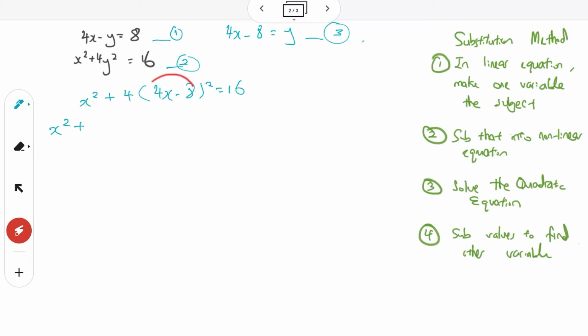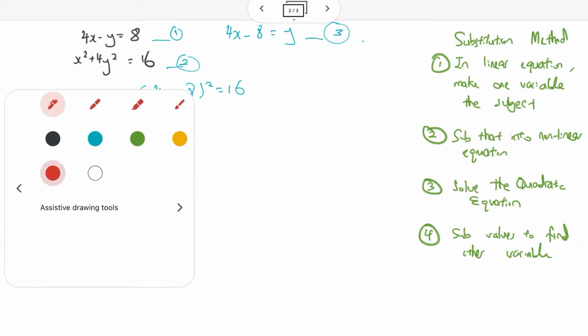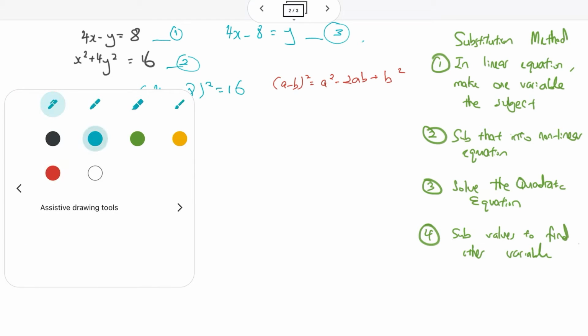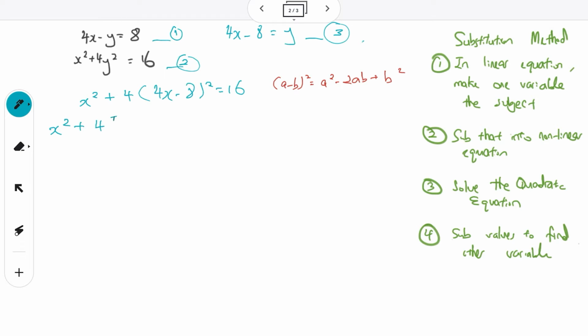And to open this up, we are going to use a special formula, which is a minus b squared equals a squared minus 2ab plus b squared. So applying this formula to our situation here, a is 4x and b is 8. Therefore, all we have to do is follow the formula and we will get something like this.